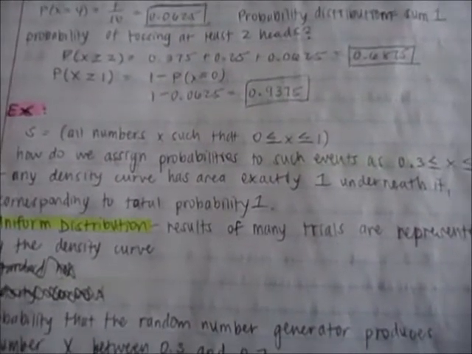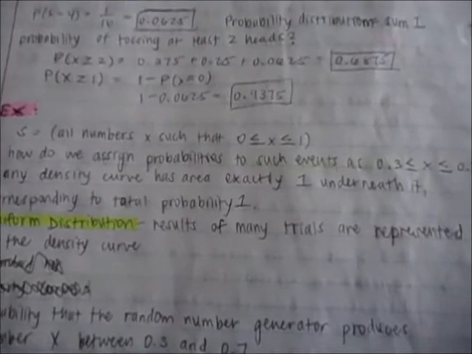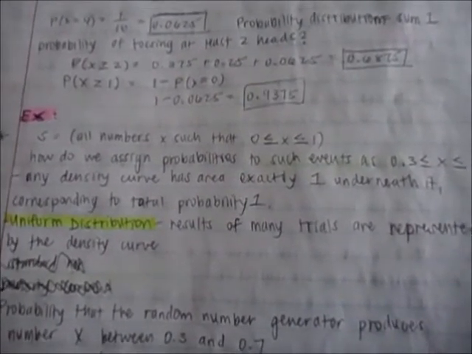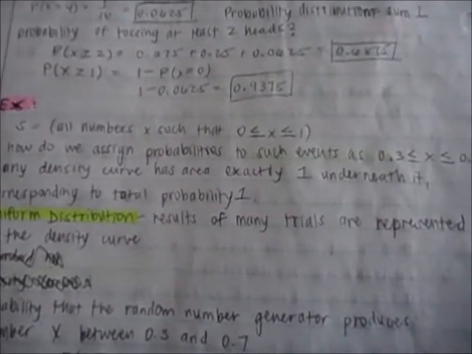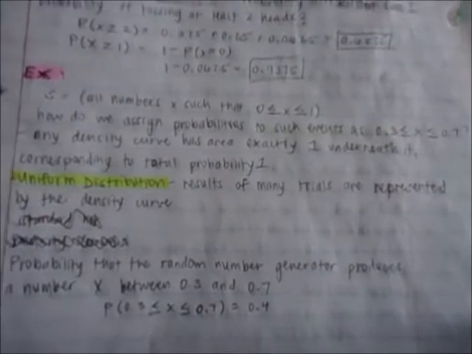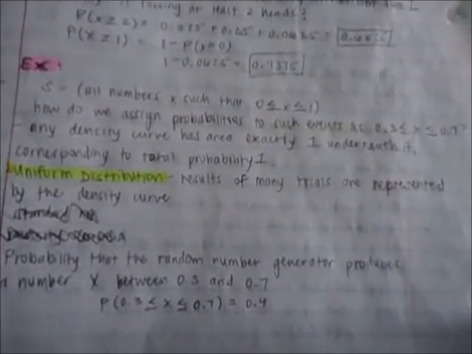Any density curve has an area of exactly 1 underneath it, corresponding to a total probability of 1. The uniform distribution is the result of many trials that are represented by the density curve.